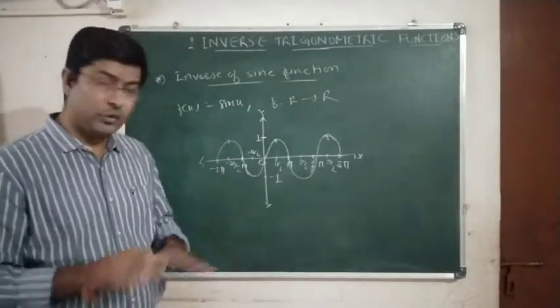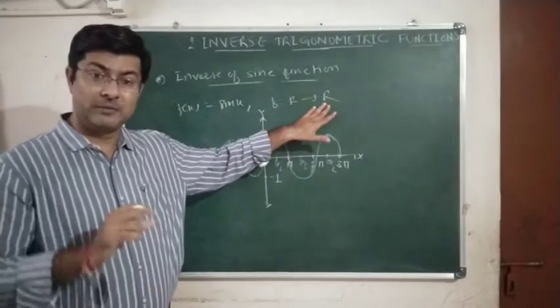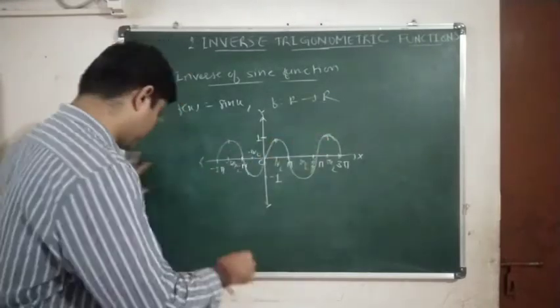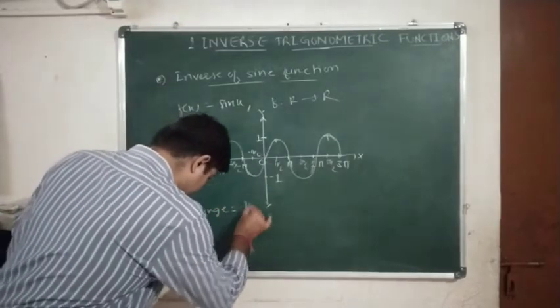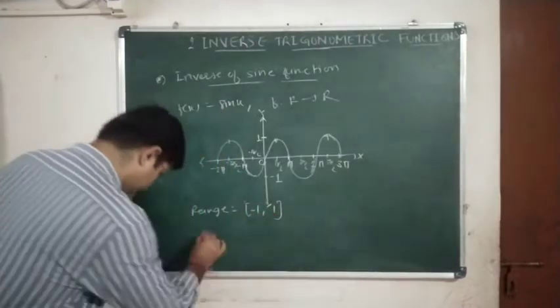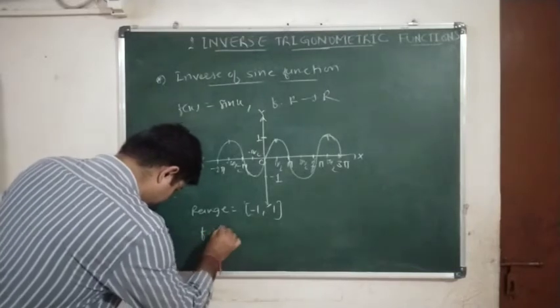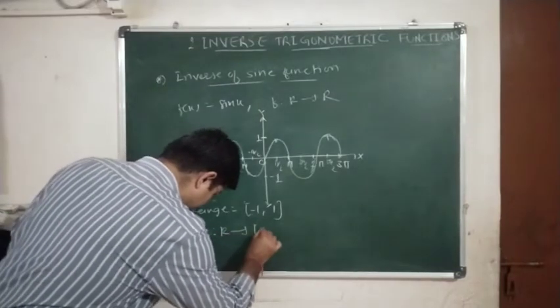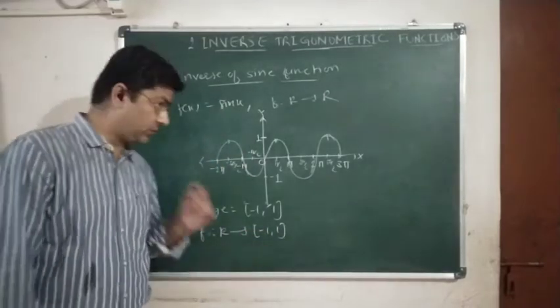Now ontoness can be done simply by replacing the codomain by the range. So here the range of the sine function, we know, is minus 1 to 1. If we replace the codomain by the range, then the function becomes onto.